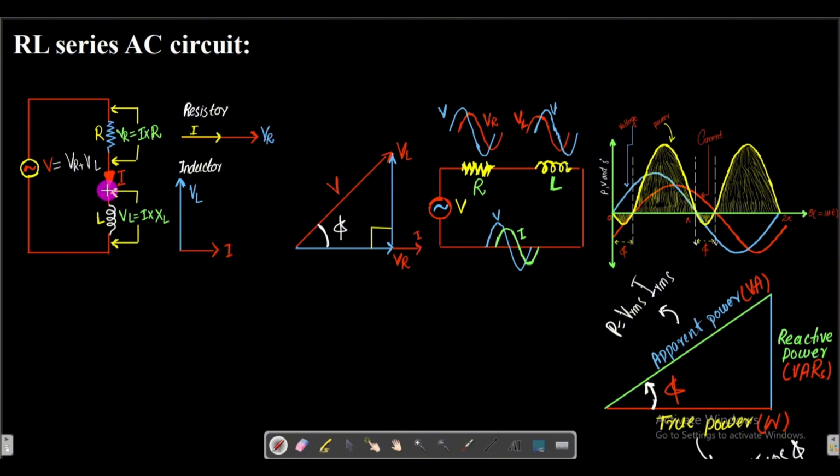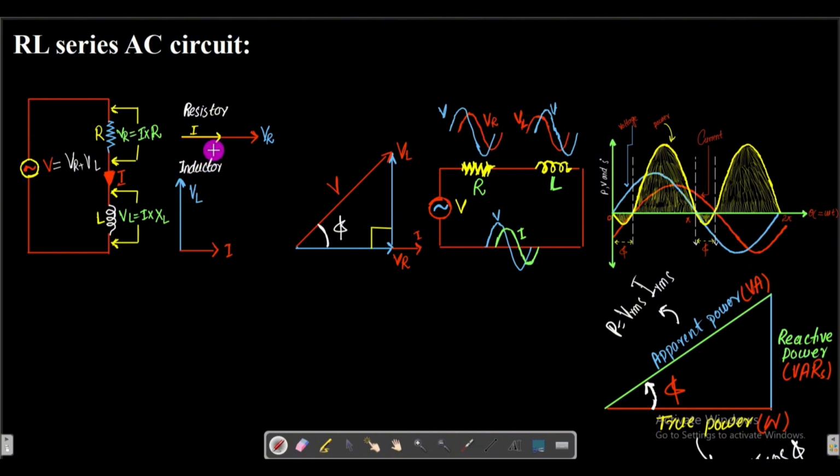Here the current is the same because in the series combination of the components in the circuit, the currents are the same. The same current is passed through this resistor and this inductance L. So therefore we consider this current as a reference. Now we will add the phasors, meaning the vector representations of these voltages, which are VR and VL.